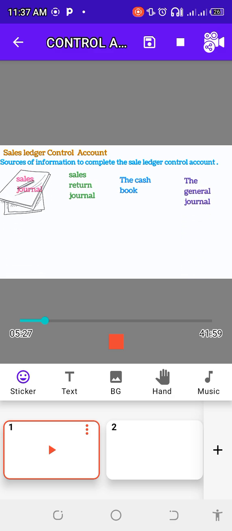There are about four sources: the sales day book, or sales journal; the sales return day book, or sales return journal; the cash day book, or cash journal; and the general journal. These books of original entry give us specific information about the sales ledger control account.